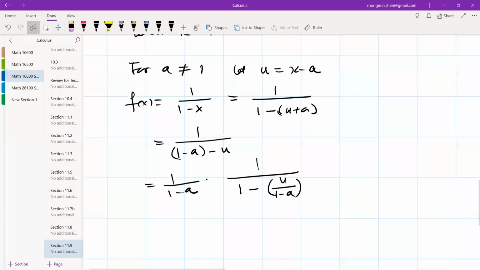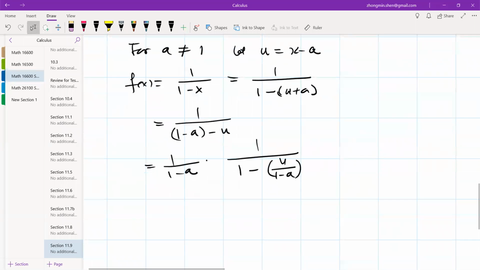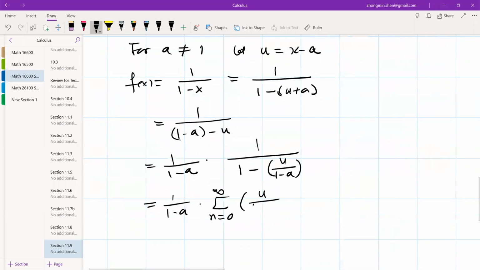So as long as u over 1 minus a is smaller than 1, I can expand it in the form of the sum of u over 1 minus a to the power n, as long as the absolute value of u over 1 minus a is less than 1.